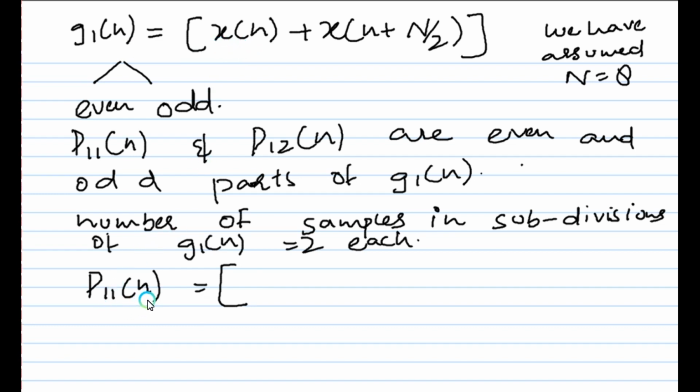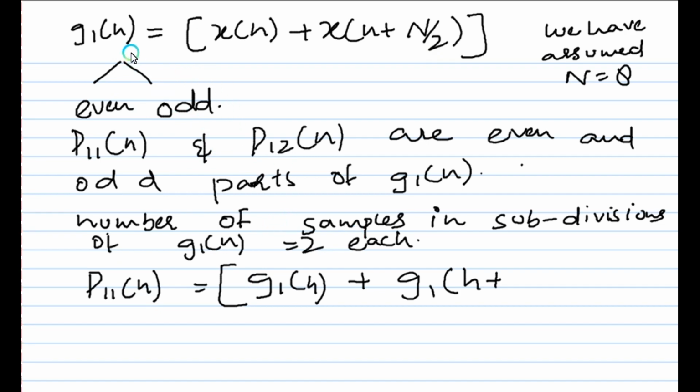Now p11 of n is a subdivision of g1 of n, so it will be the number of samples in g1 of n divided by 2.